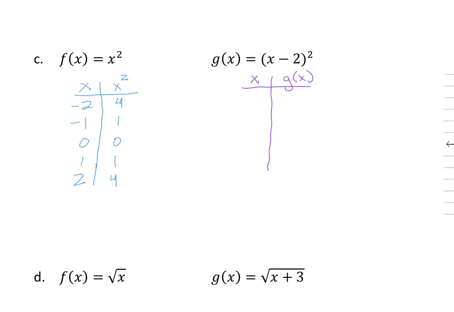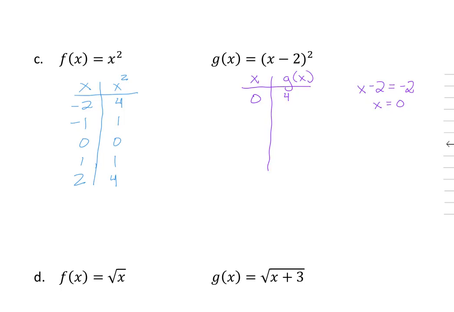Just to give you an idea, I know negative 2 squared is equal to 4. So we want to ask the question, when is x minus 2 equal to negative 2? Well, in order to solve for x, we add 2 to both sides and we get x equals 0. And so when x is 0 and we plug it into g of x, we get negative 2 squared is 4.